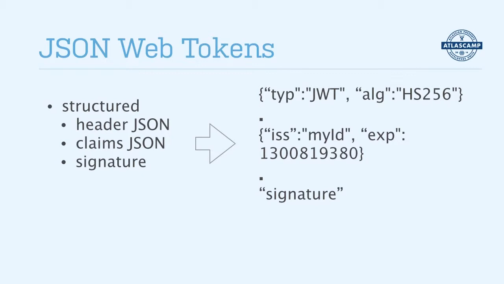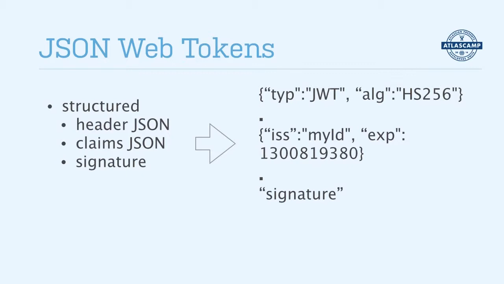The claims in the middle is where the real meat is. This is the interesting stuff. So it says, oh, this is the issuer, and it expires at this time. Don't consider it valid after this time. It also has a bunch of other standard claims that are part of the JWT protocol. And the JWT protocol allows you to add custom claims. And we've done that. We've added one particular custom claim, which I'll come to in a minute.